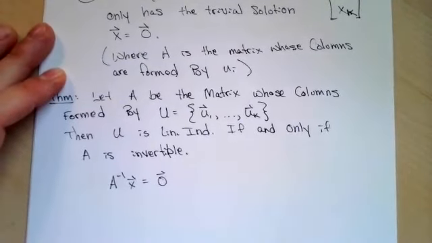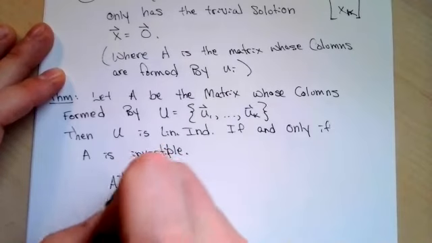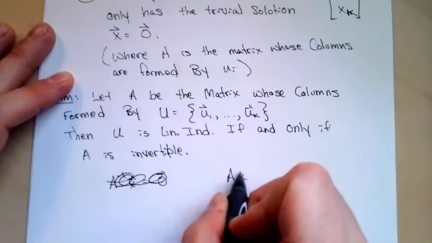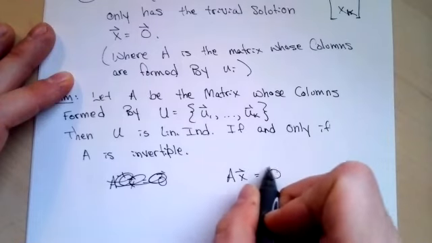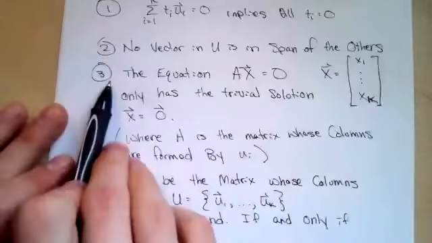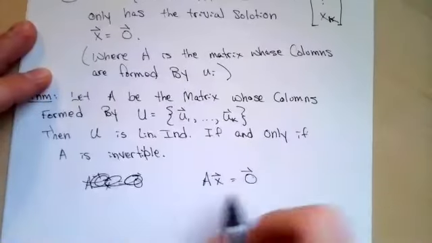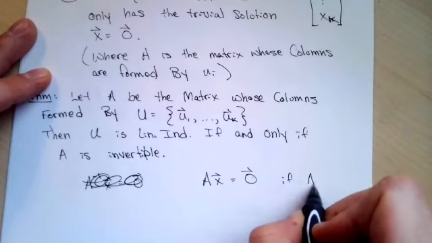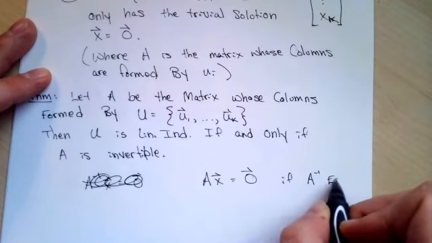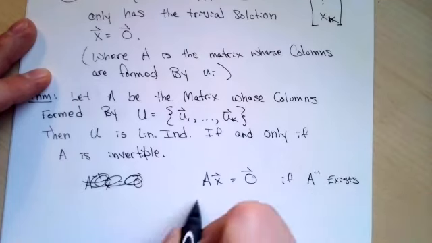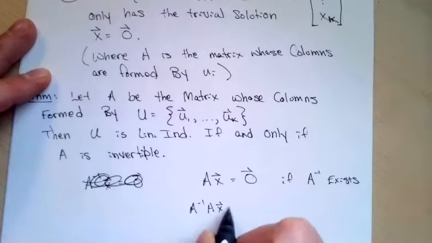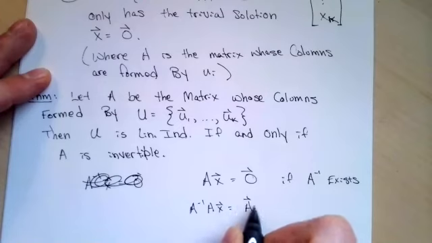If we were to take a look at Ax equals 0, so we're setting up this equation from number 3 of the previous theorem, well, if A inverse exists, if it's invertible, this implies that we can multiply both sides of the equation by A inverse.